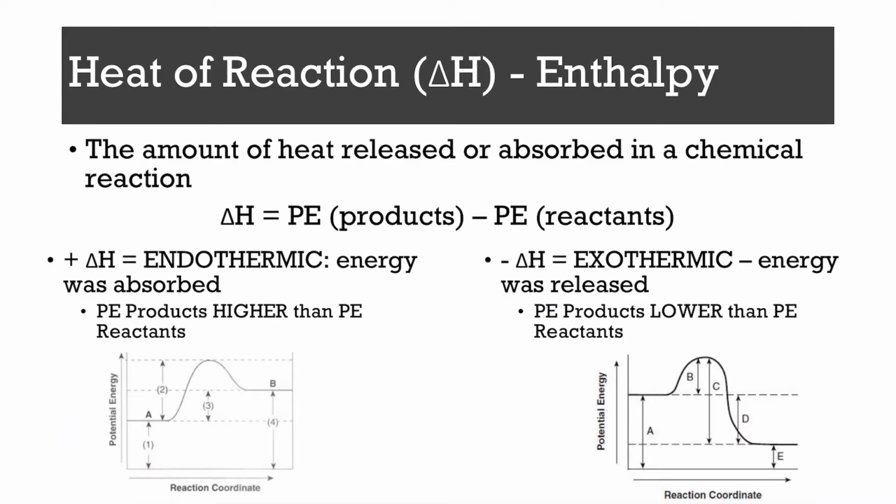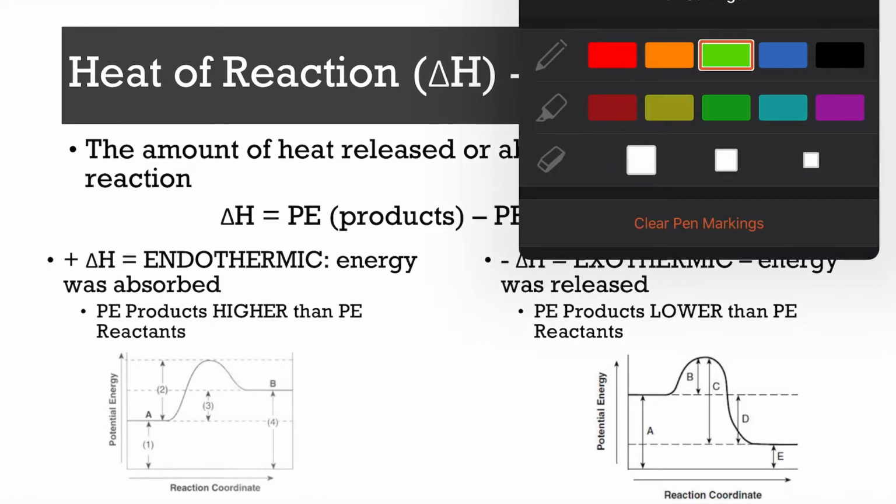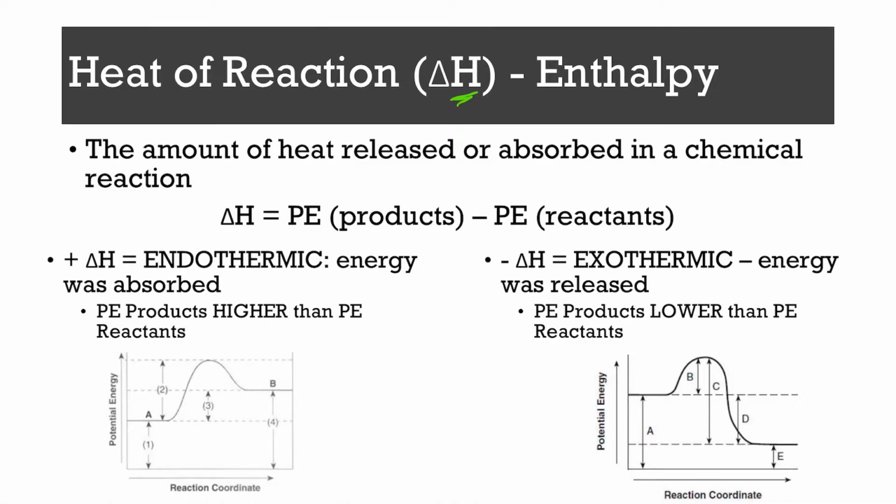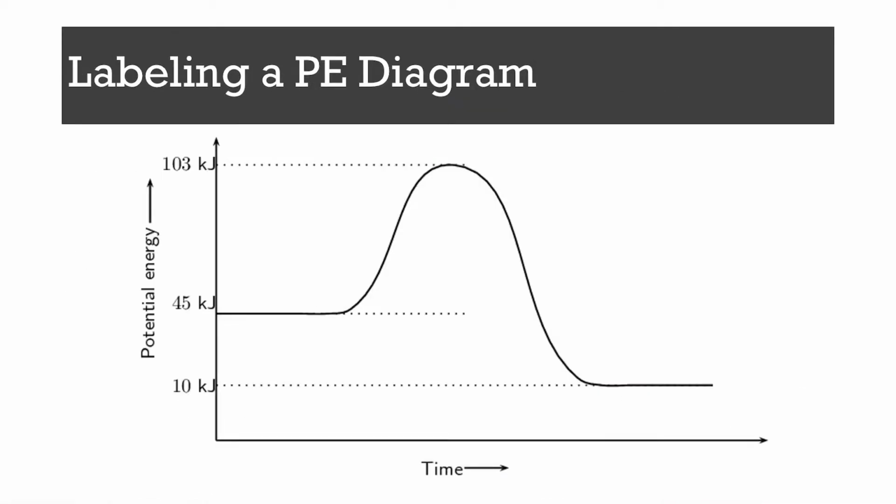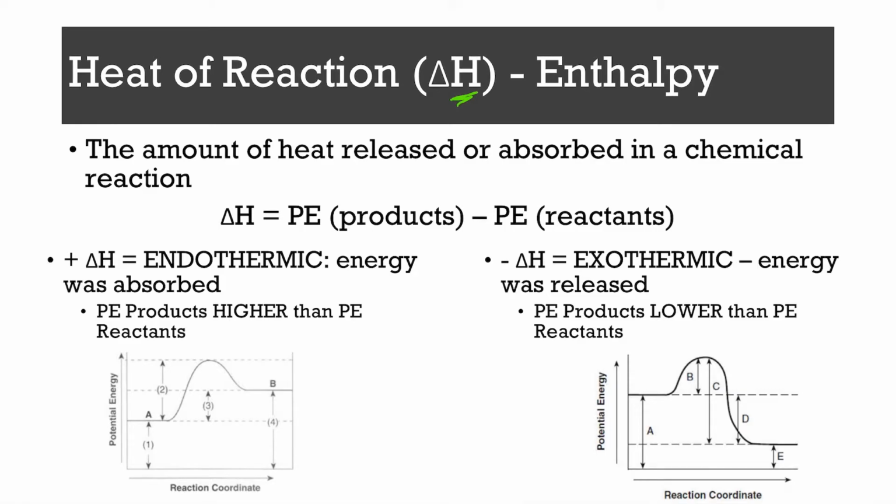Next, we talked about this a few videos ago, heat of reaction, or enthalpy. Reminder that heat of reaction is our delta H. Later in this unit we're going to see a word that looks very similar to enthalpy, but it's different. I like to think of it this way: I see the H in enthalpy and I see heat. Delta is the change, so delta H is the change of heat energy in a reaction.